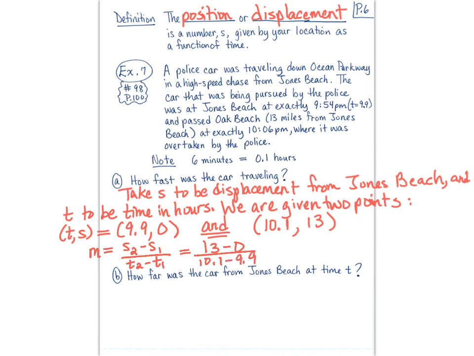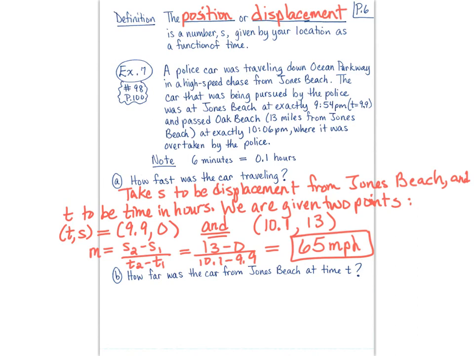And what do you get here? 13 over 0.2, which is what? Feel free to use your calculators if you want. 65 what? Miles per hour. Very good. That's not that fast at all. But that's right.